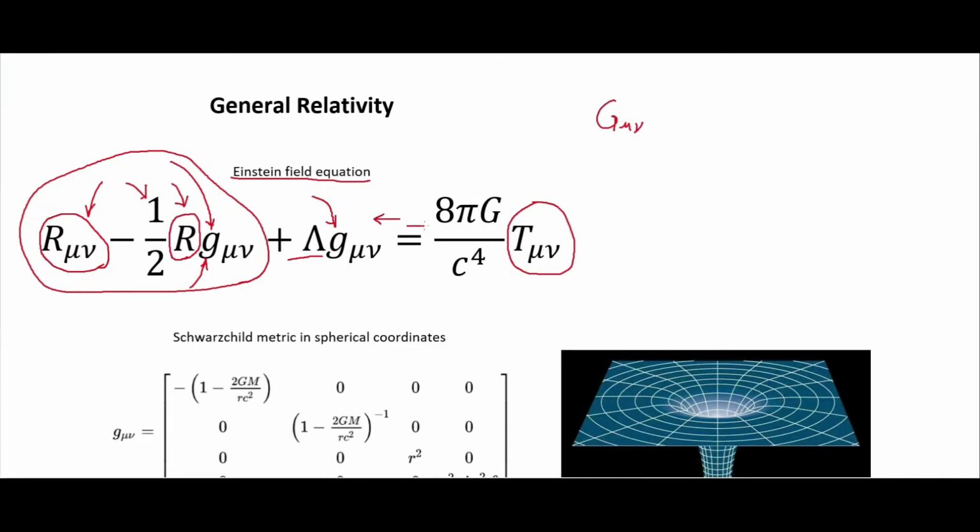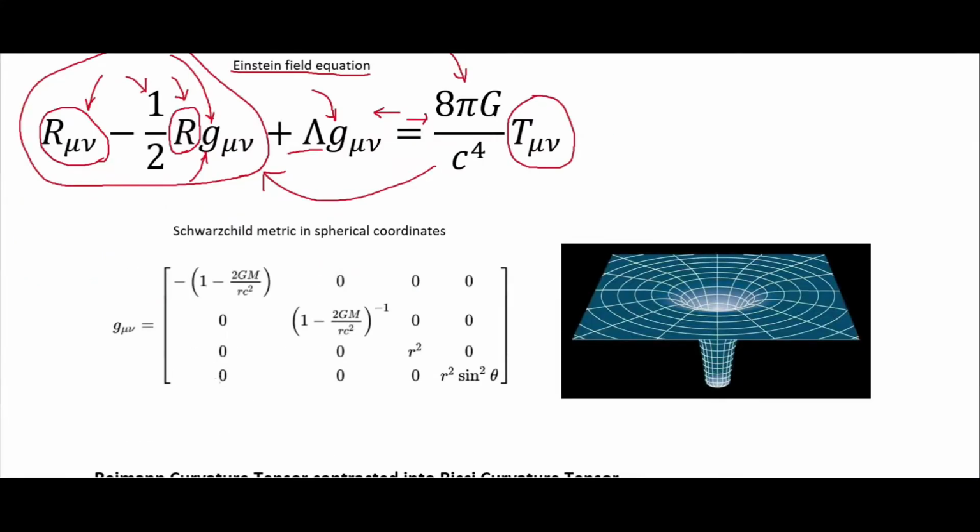Then on the right side, we have the part that talks about the mass and the energy. And so the left side is oftentimes said to tell matter how to move, while matter tells space-time how to be shaped or how to bend or flex.